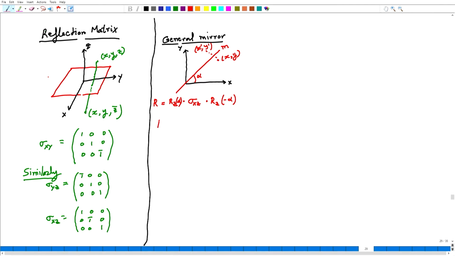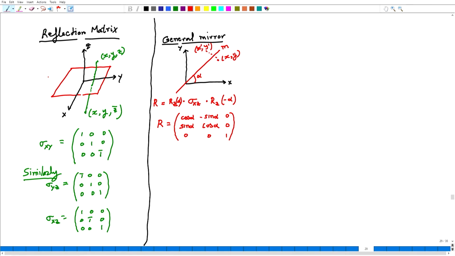Let me write down all the matrices for this. Rz alpha, from the previous lecture, is cos alpha, minus sin alpha, 0, sin alpha, cos alpha, 0, 0, 0, 1.